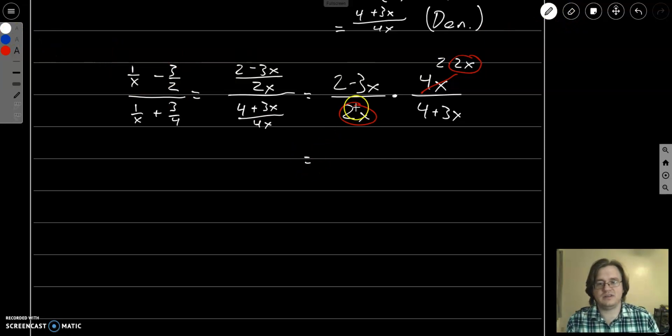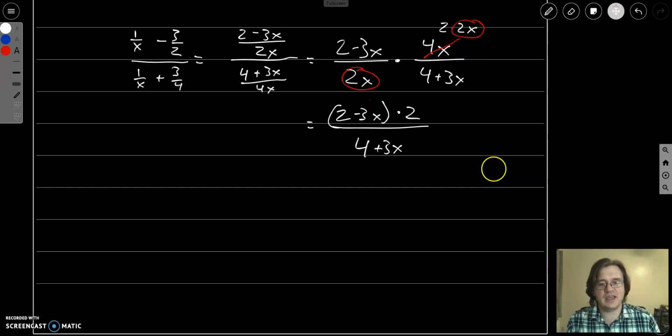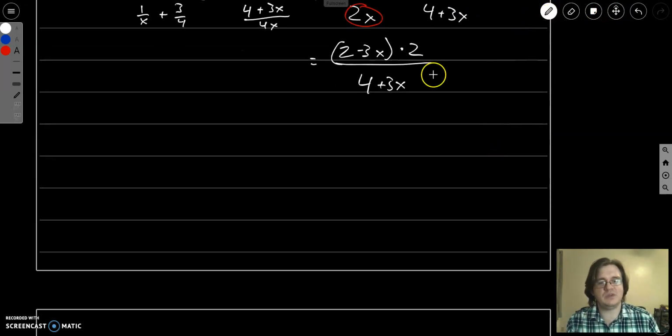Continuing on, after I cancel the 2x off the top and the bottom, what I'm left with is 2 minus 3x, and I'm left with just a 2 on that side. Down here, I have a 4 plus 3x, since the other side is canceled. In fact, this is as simple as we can make it.